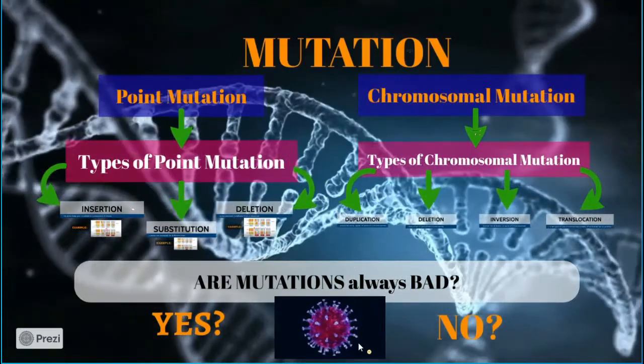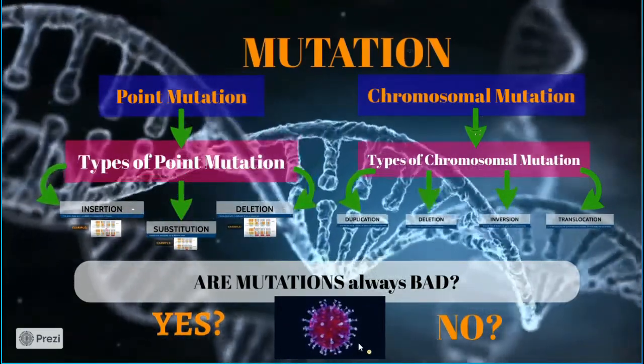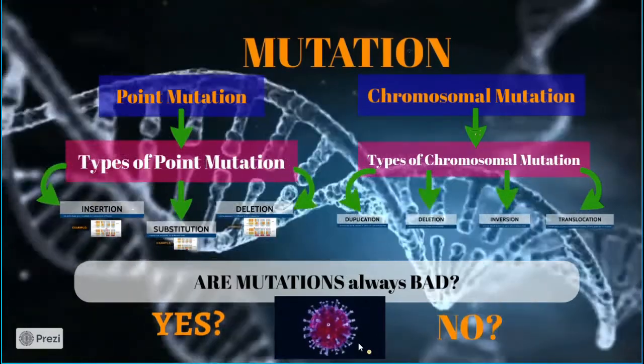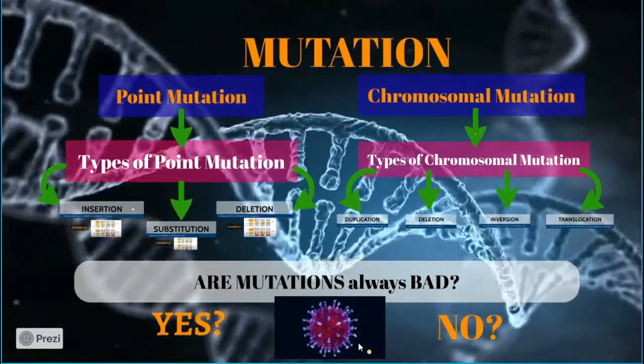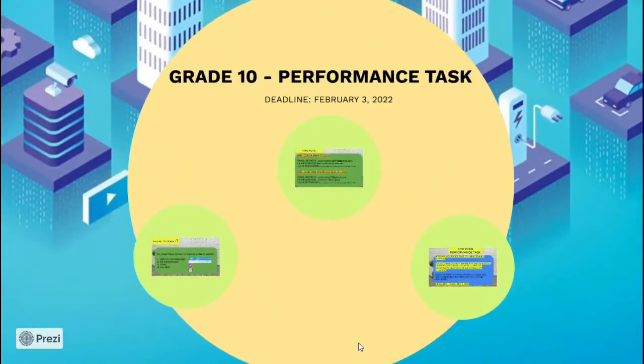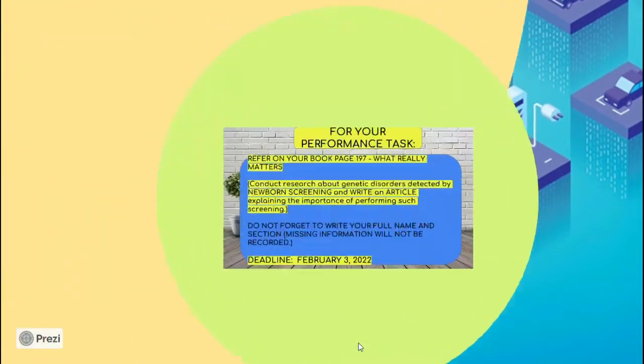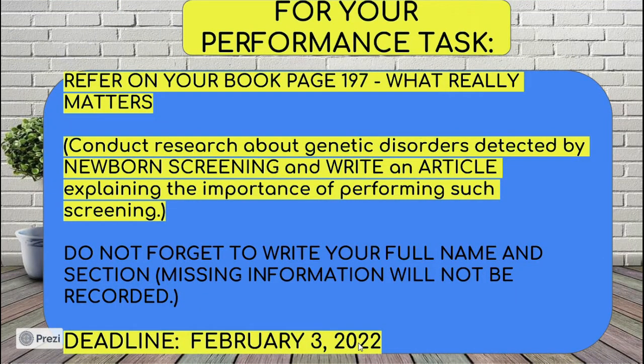So, I hope you understood and that we have explained our discussion regarding this. Okay. So this time, as I have mentioned, it was already discussed last time in the previous video presentation. For your performance task, the deadline is February 3, 2022. As I have said, you may refer to your book, page 197, under What Really Matters.